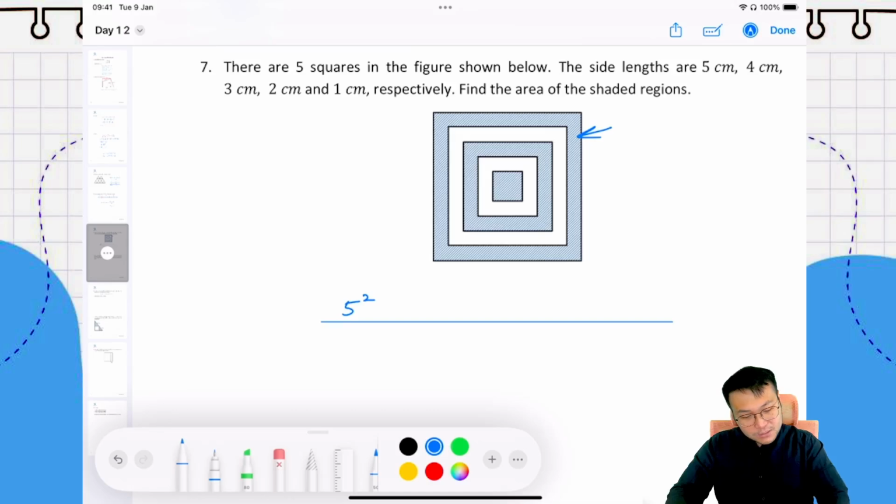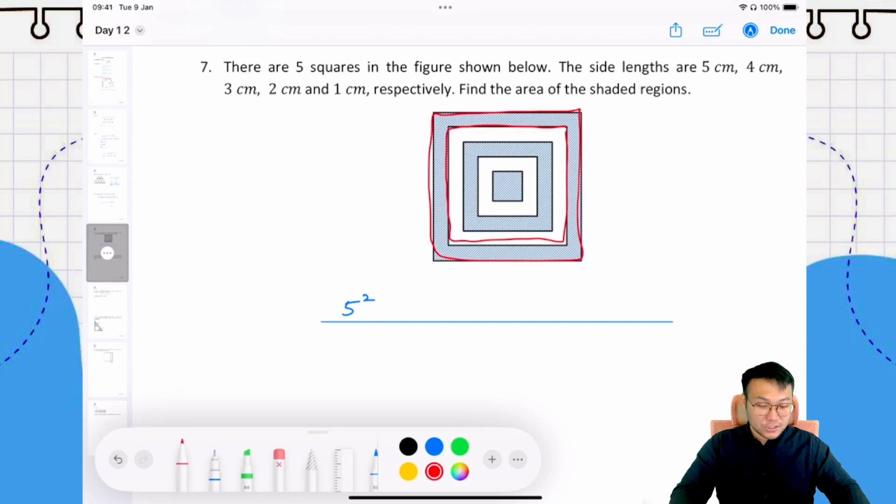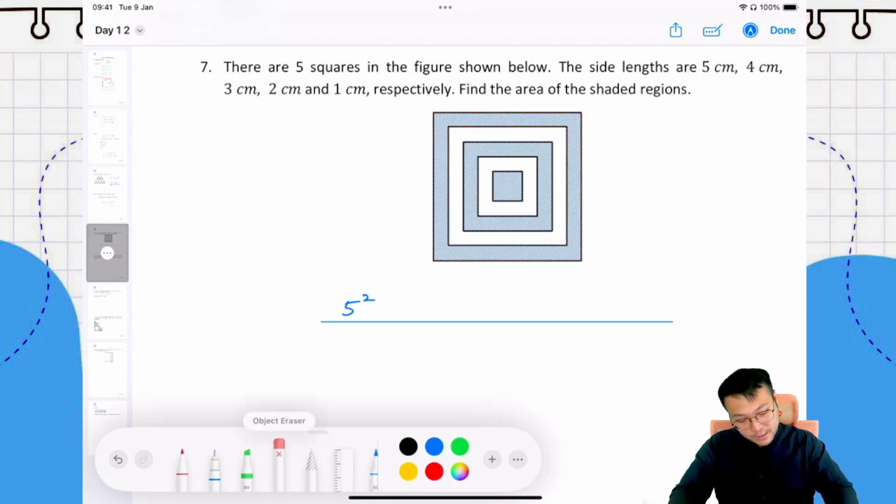You must take the biggest square minus away the smaller square. That's how you find the shaded area, right? So don't forget, you must minus the smaller square.